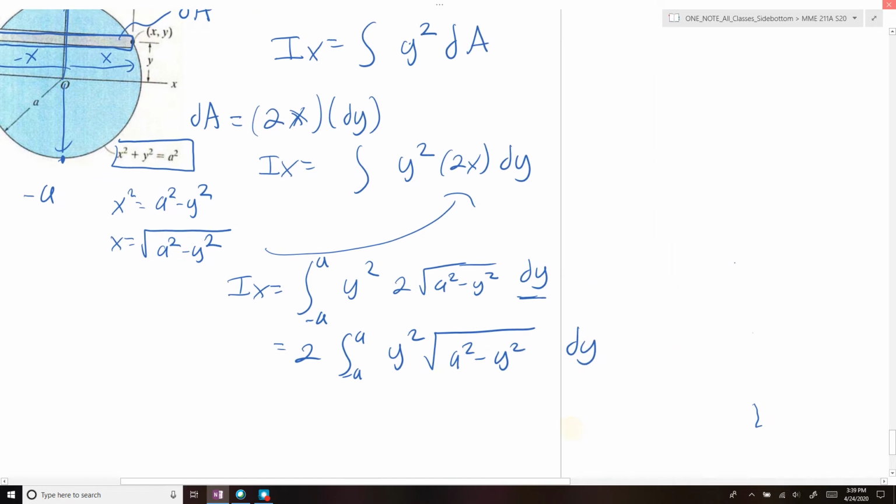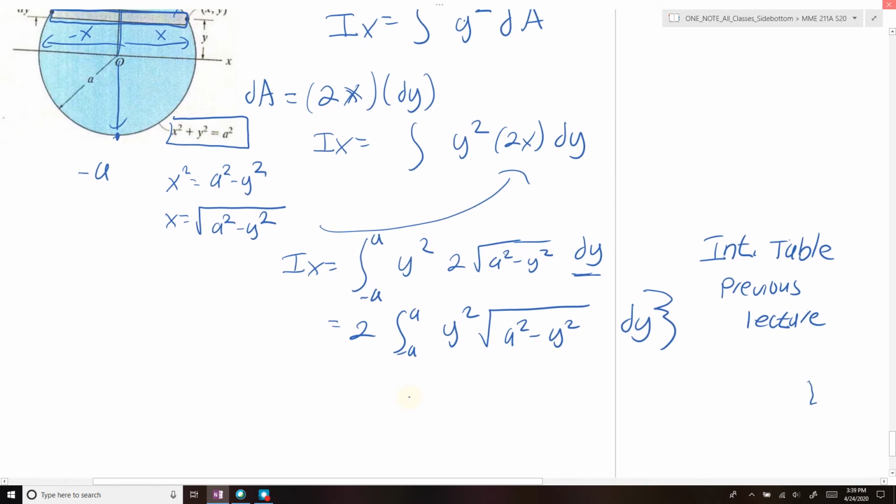Now, if we look up the integral table from the previous lecture, we can find what this integral is equal to.